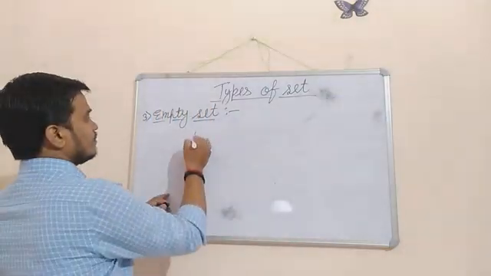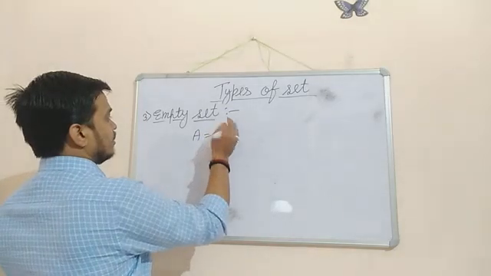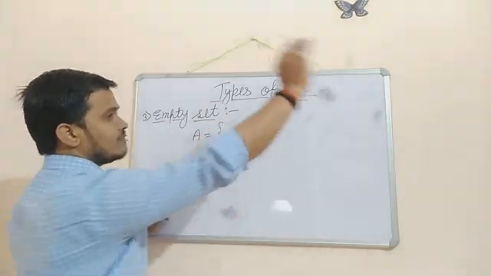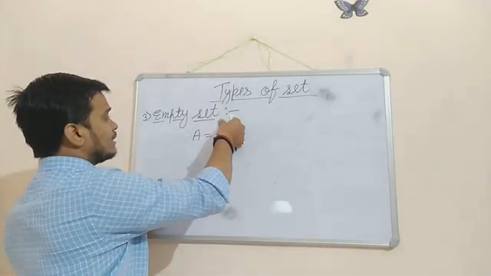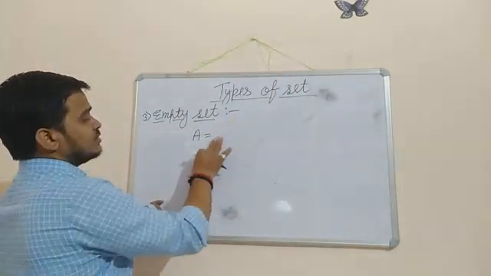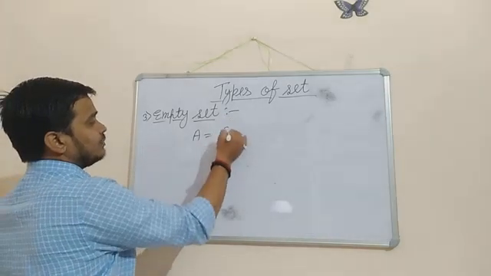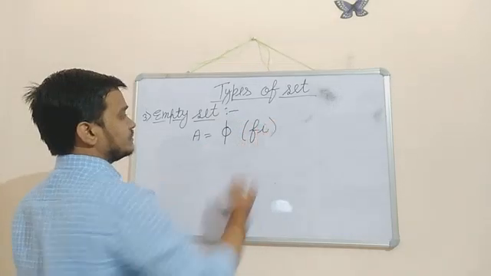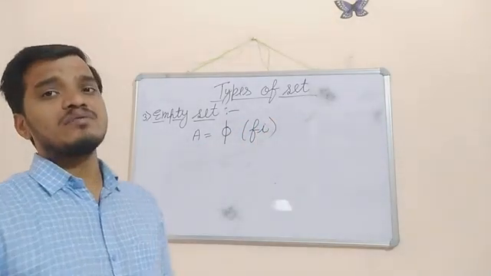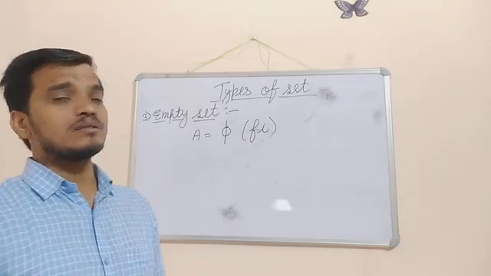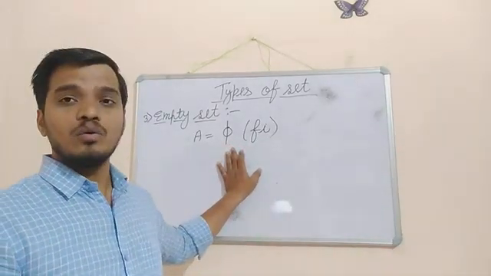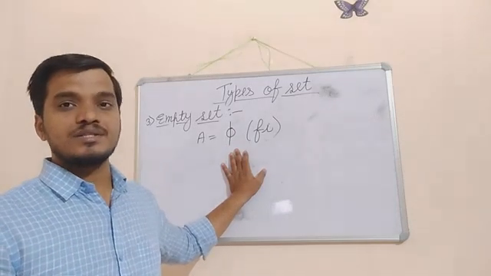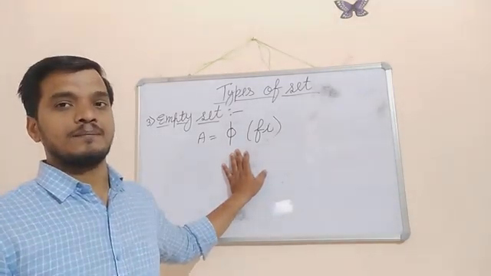So A is a collection of, if you want to write the set, any member you will not write. And when we are not writing any member here, we define this in the form of phi. We are calling it phi. So whenever phi is written, its meaning is this: there is no element in this set. Set A is the empty set. No collection will be there. Okay.